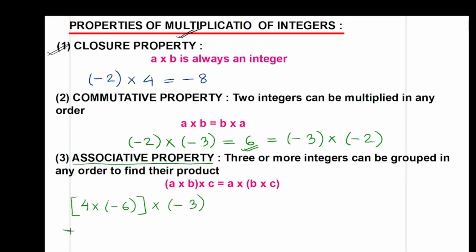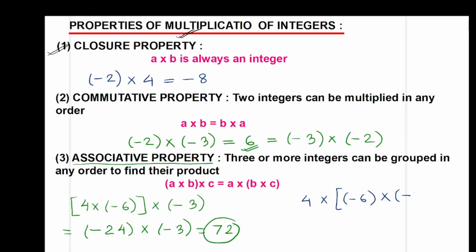After multiplying, we get 4 sixes are 24, but here one is positive, one is negative, so the answer is negative, into minus 3. Then we will get 72.